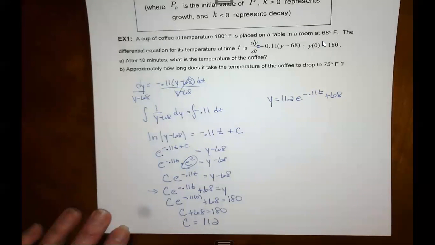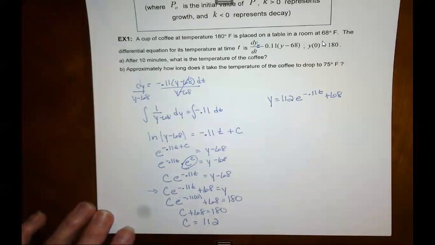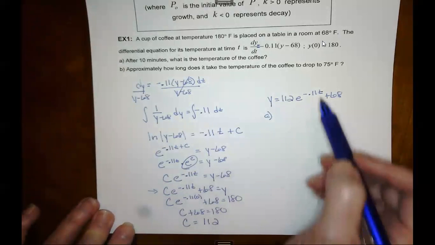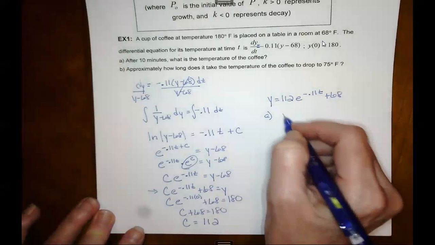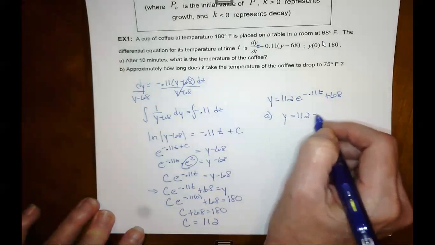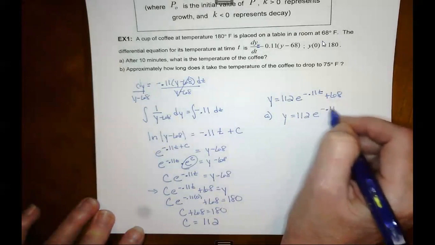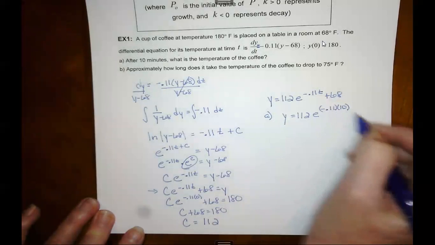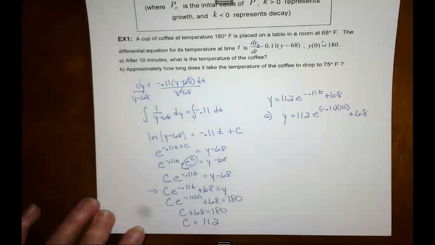All right, so now we're going to get to our questions. And these questions are what we did in pre-cal last year. So part A says, after 10 minutes, what's the temperature of the coffee? So we're just going to put 10 in for t. y equals 112 e to the negative 0.11 times 10 power plus 68.